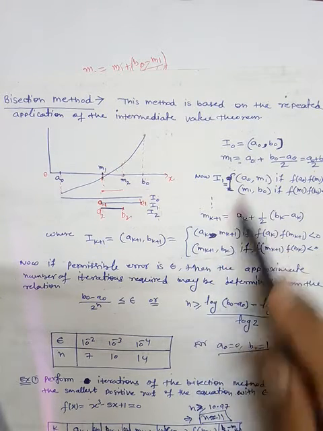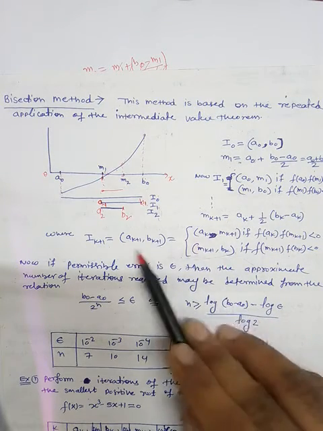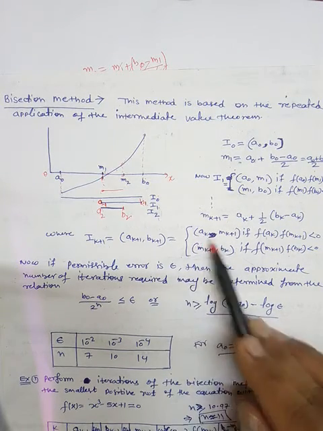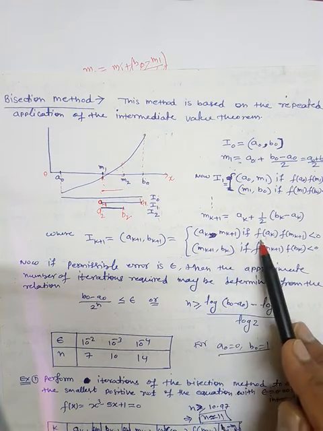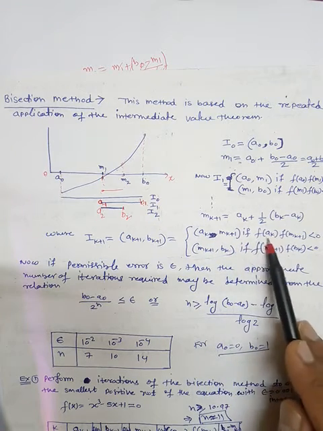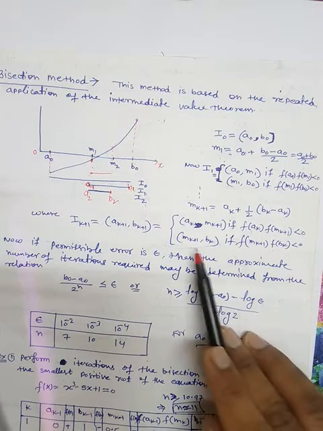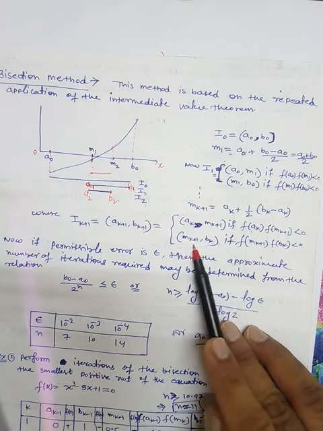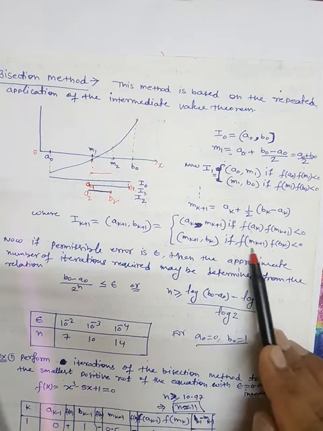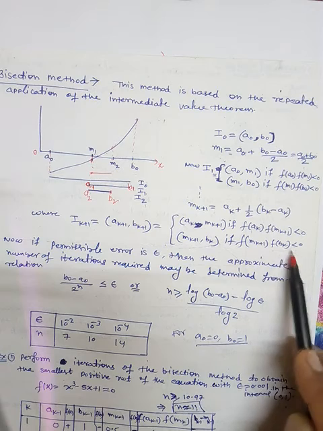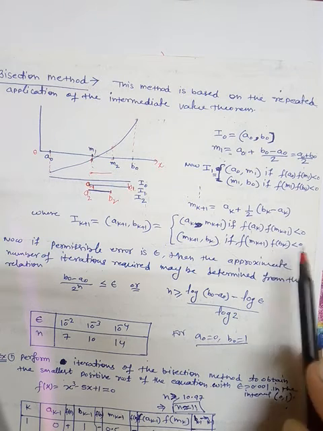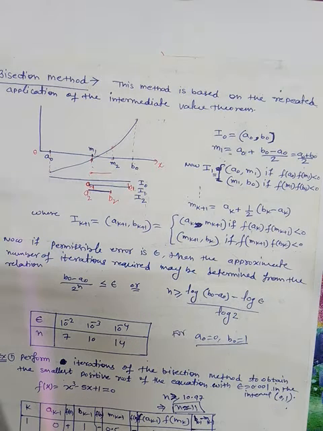Based on the same pattern, we have Ak plus 1, Bk plus 1 as Ak, Mk plus 1 if the product of the functional values f of Ak and f of Mk plus 1 is negative. Similarly, you can select the second interval Mk plus 1 to Bk if f of Mk plus 1 into f of Bk is less than 0. So this is the procedure.